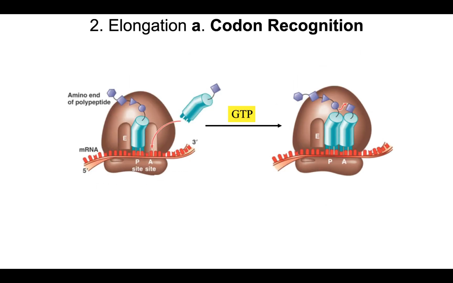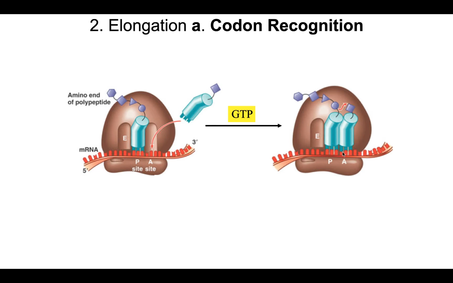Now, the first of the three steps of elongation is that the incoming tRNA has an anticodon that is reverse complementary to the codon sitting in the A site. And it binds, and we now have it sitting there within the A site.